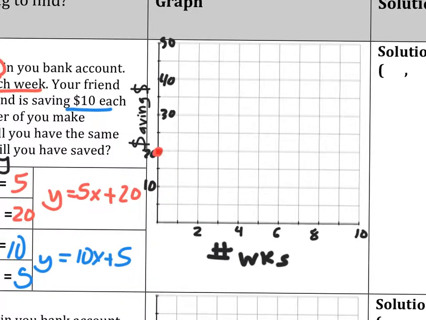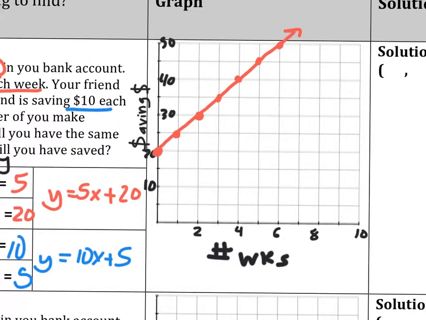Well, I go up 5 to 25 at the first week. So there we go. Then I go up 5 and up 5, up 5, up 5 here. Now, I don't even know if this line is going to work because it could very well go off the grid. So hopefully the line will, but the intersection.